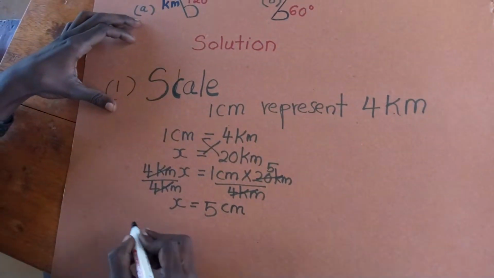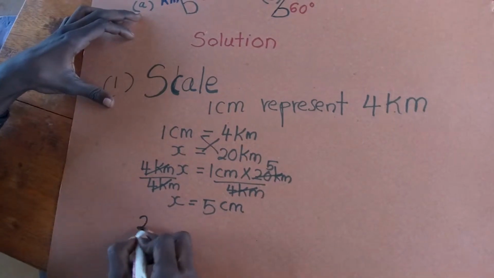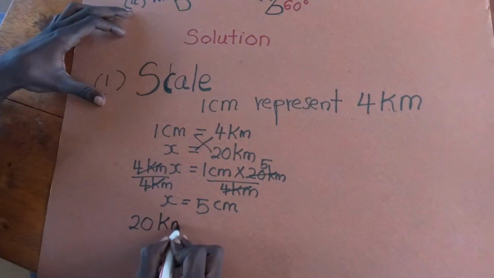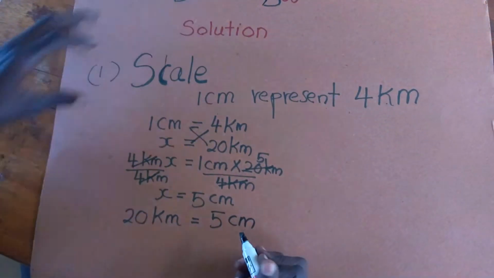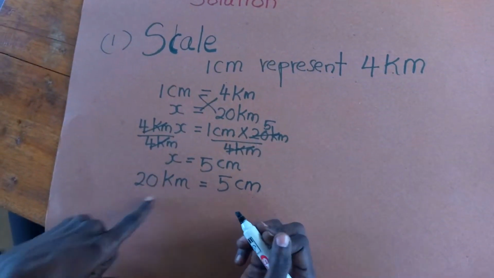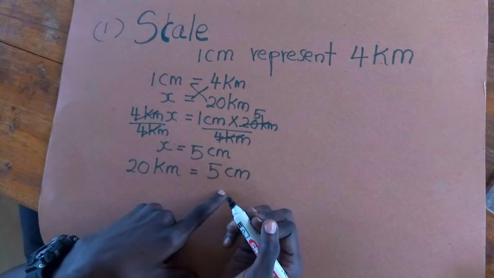Therefore, 20 kilometers is equal to 5 centimeters. So instead of drawing 20 kilometers, we're going to draw 5 centimeters.